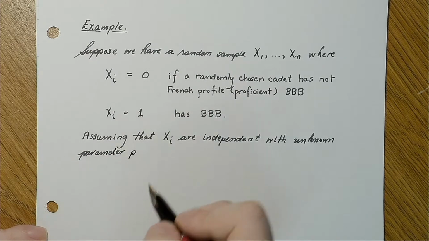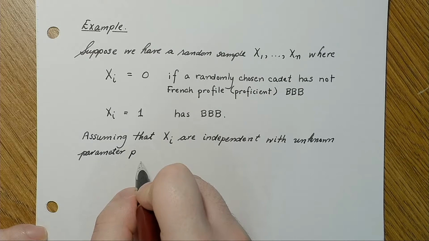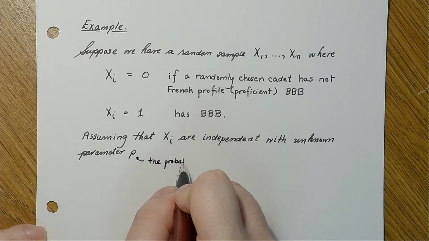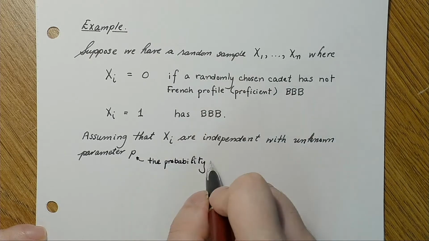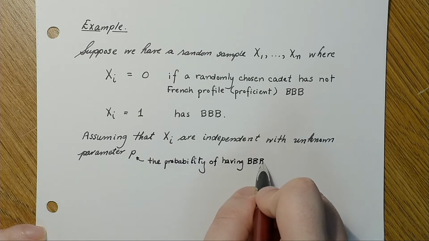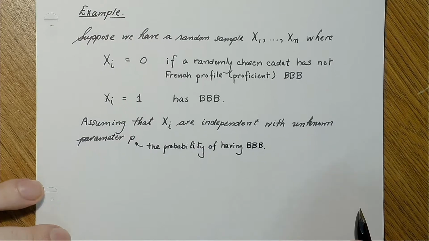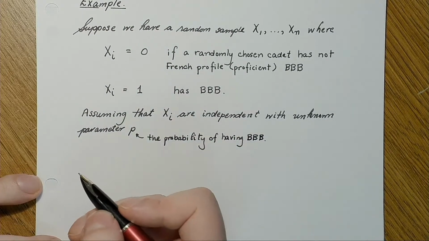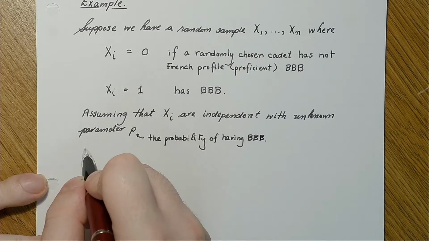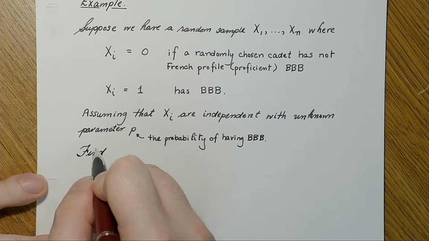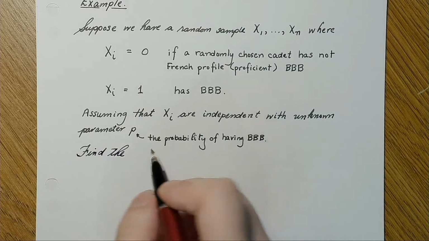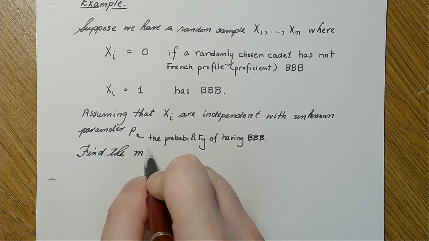Right? And that would be, think of it as the probability of having BBB. So the question then becomes, find, and so we use the abbreviation MLE.